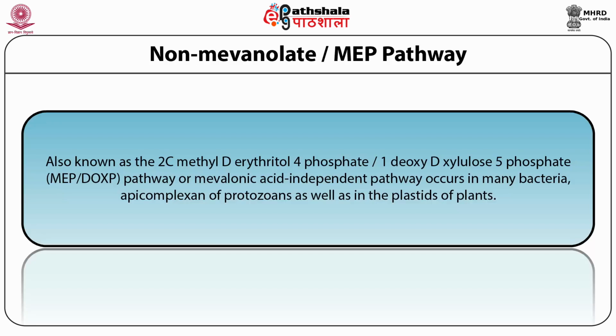The products of both mevalonate and non-mevalonate pathway are isopentenyl pyrophosphate and dimethylallyl pyrophosphate.